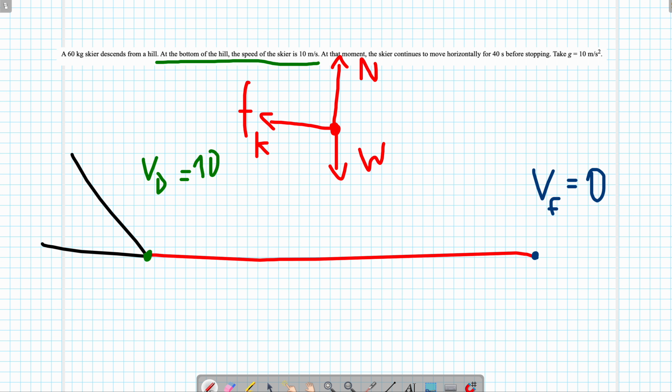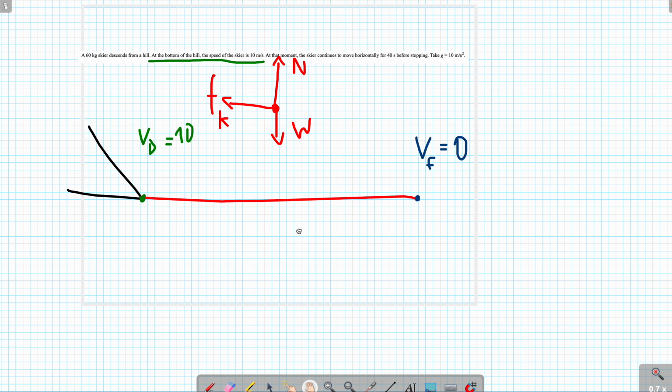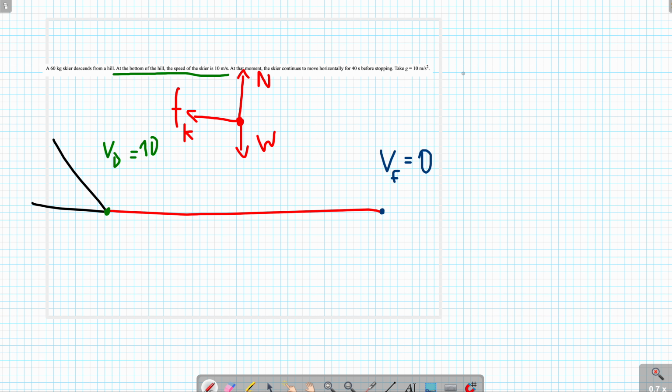Okay, so since it's only moving in the x-axis, we can do sigma Fx is equal to ma.